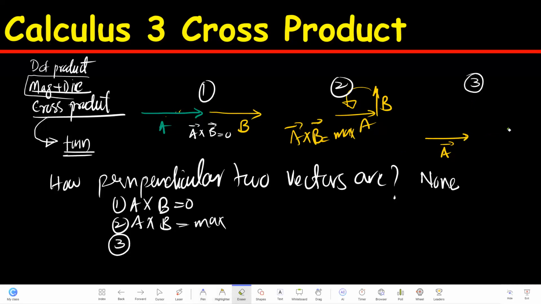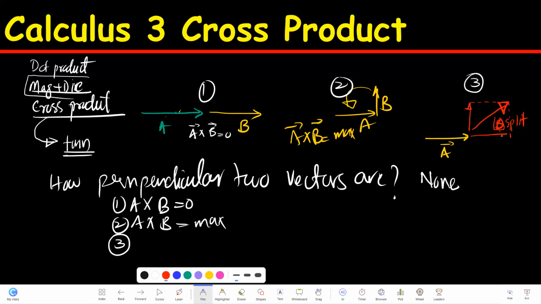Vector B is at an angle. So I'm going to split vector B with dotted lines into components Bx and By.